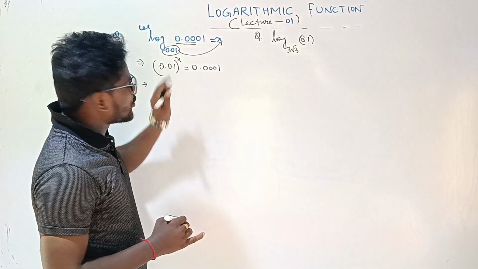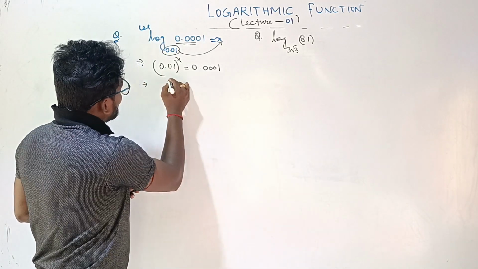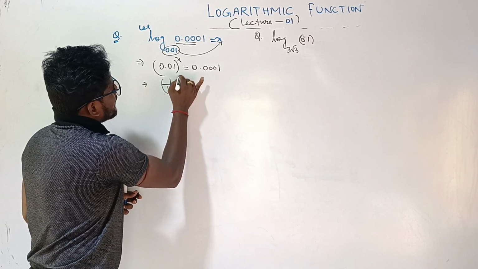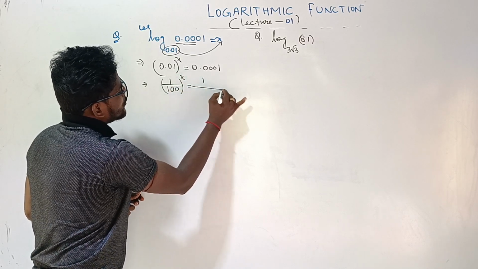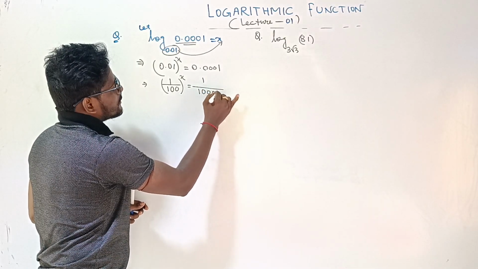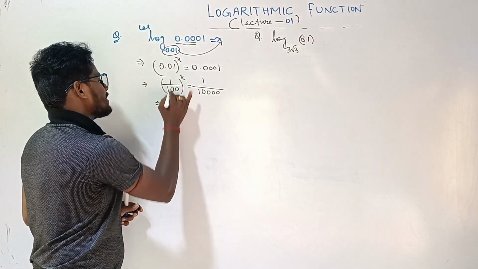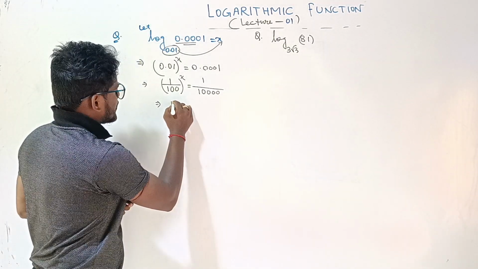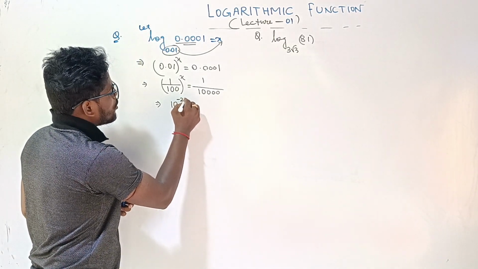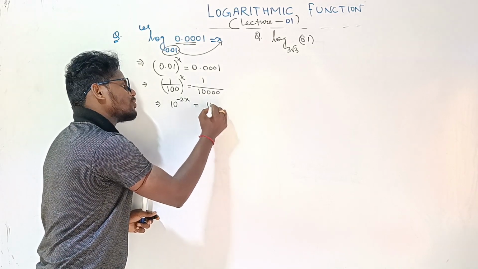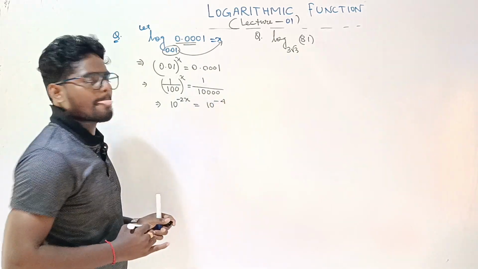So 0.01, what you can write? 1 by 100 to the power x is equal to 1 by 10 to the 4. That is 1 by 10 squared basically. So this is 10 to the power minus 2x, and this is actually 10 to the power minus 4.